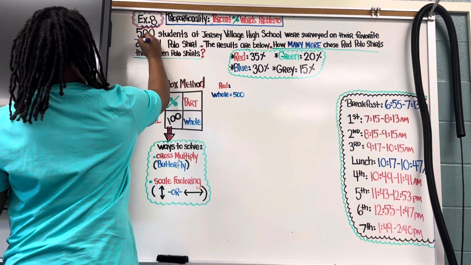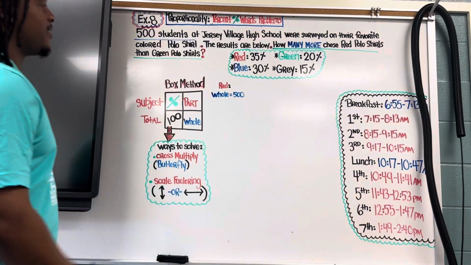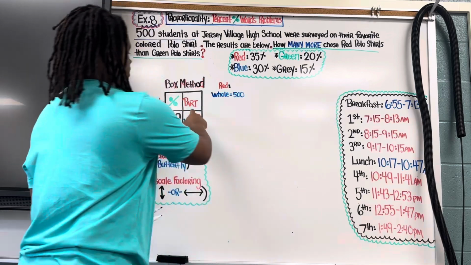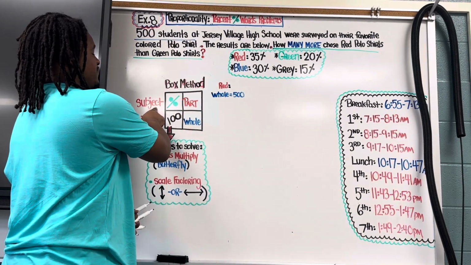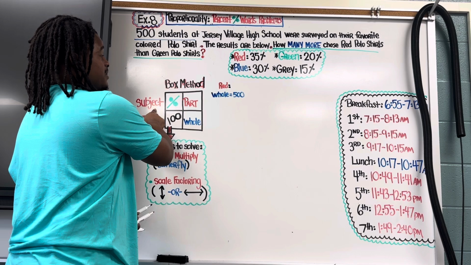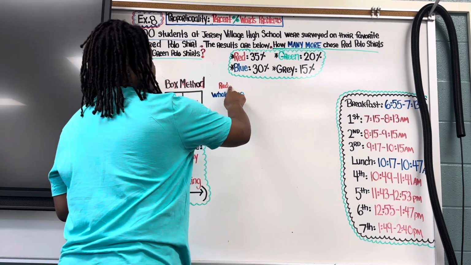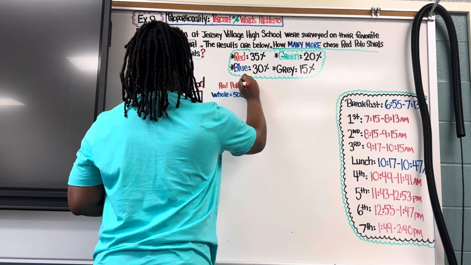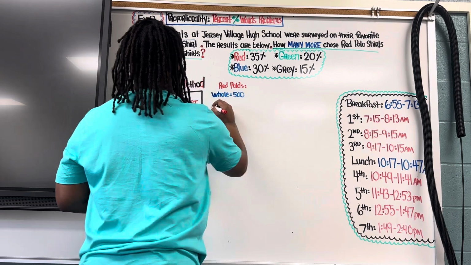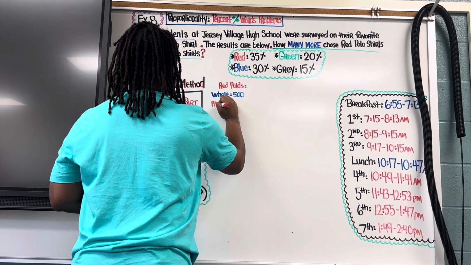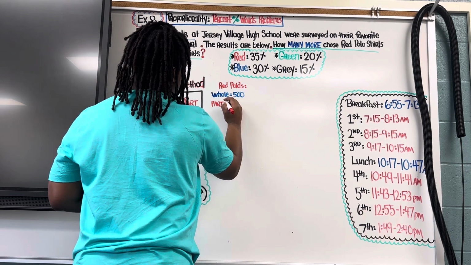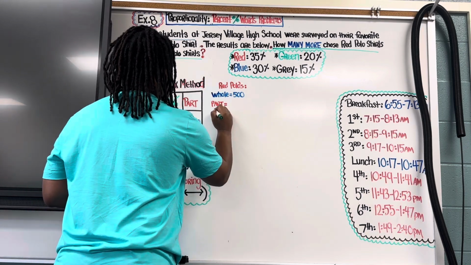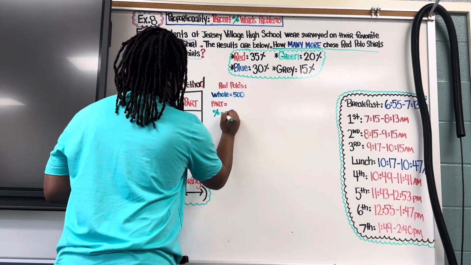Now, remember, guys, the part in the percent represents the specific subject, and the specific subject in this particular case is red polos. The part in the percent represents the percentage of students that chose red polo shirts as their favorite colored polo.